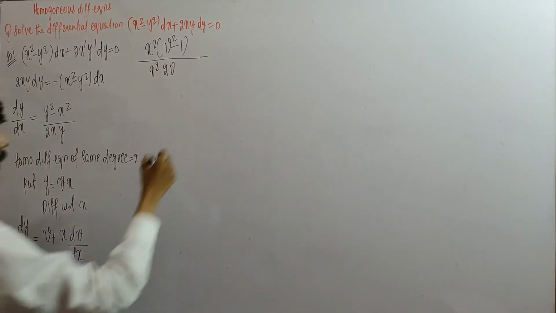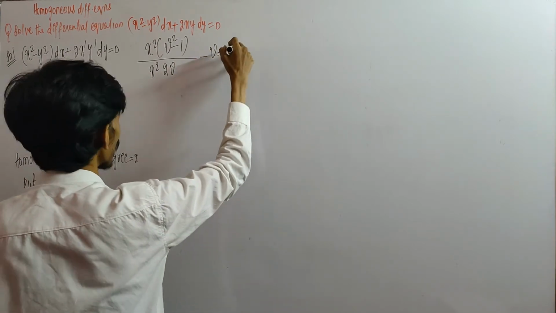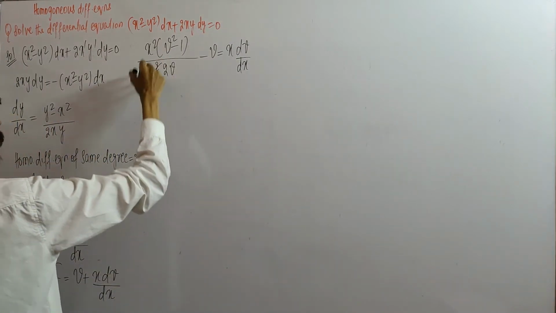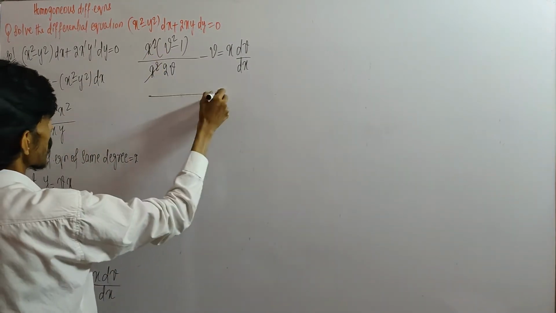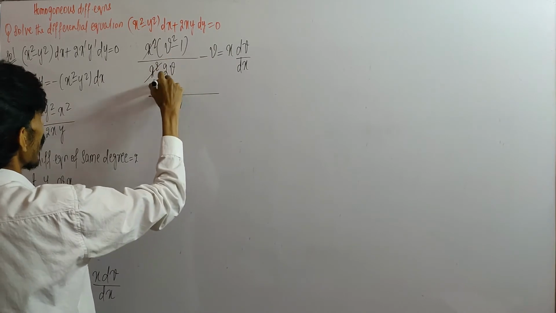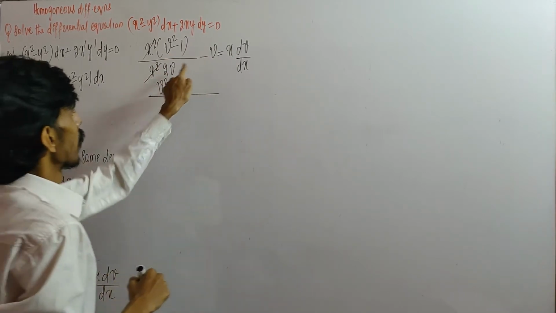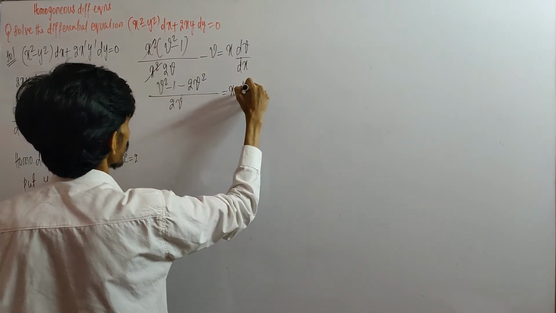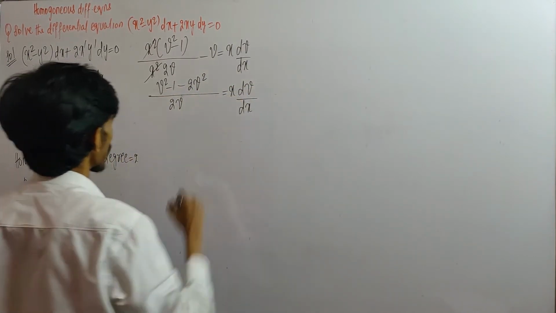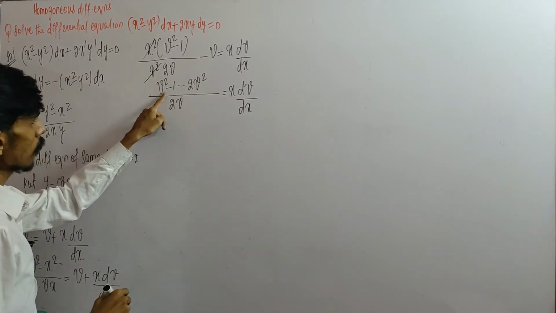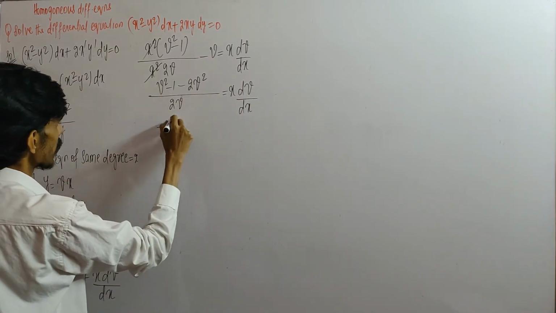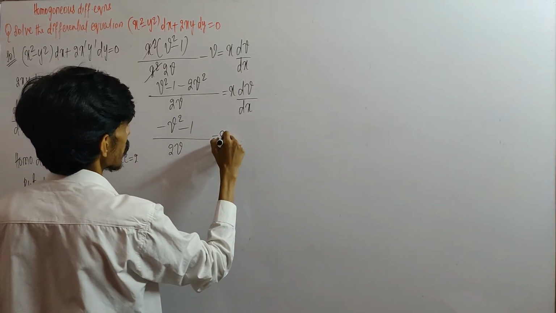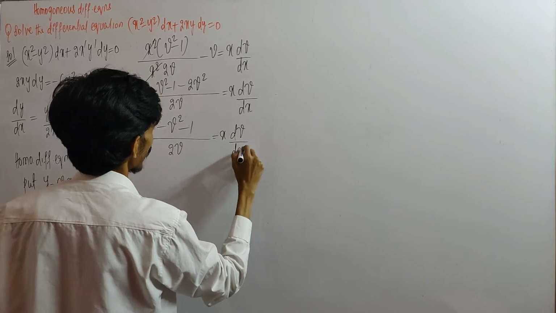Take this v to that side, it will become minus v, equal to x dv by dx. Now this will get cancelled. Take LCM, we have 2v, here we have v square minus 1, 2v into v is 2v square, minus 2v square, equal to x dv by dx. Now v square minus 2v square is minus v square minus 1 upon 2v, equal to x dv by dx.